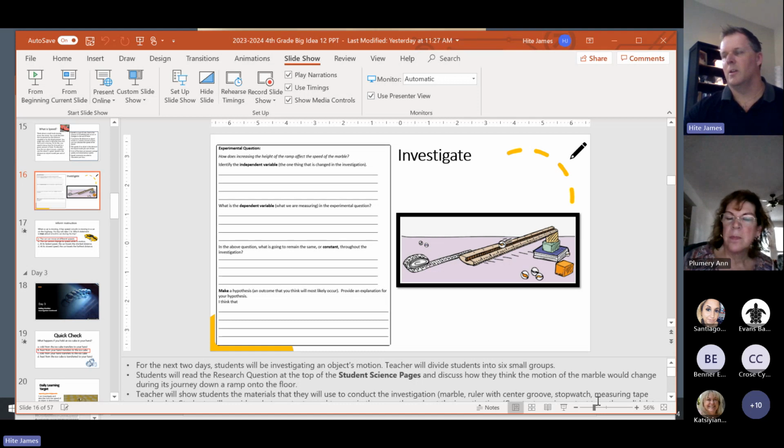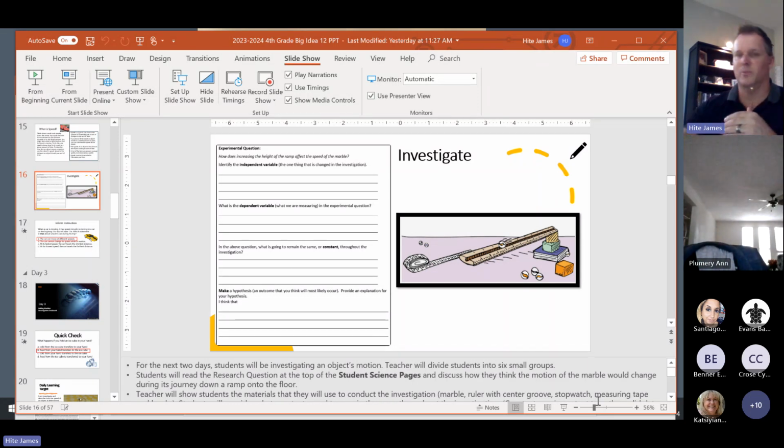I have seen some classrooms that have varied it a little bit and actually had all the groups do 1 book through 6 books, so they get that full experience. The idea is to have the groups come together and share their data. So okay, group 1, you had 1 book. What was the speed of the marble compared to those that had it where the ramp was 6 books high?